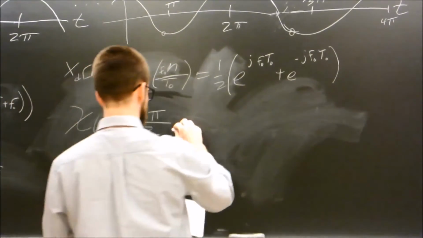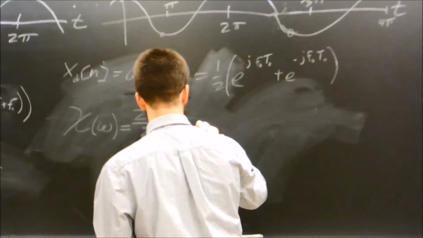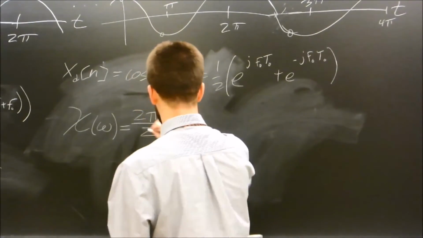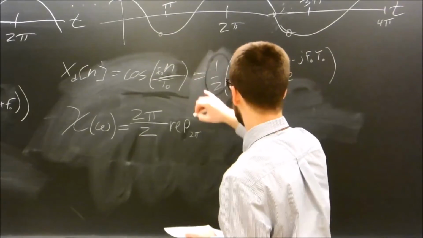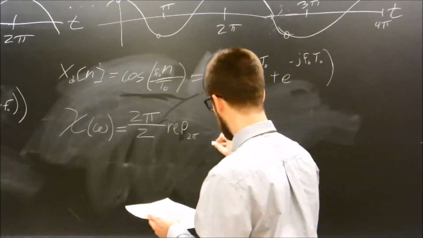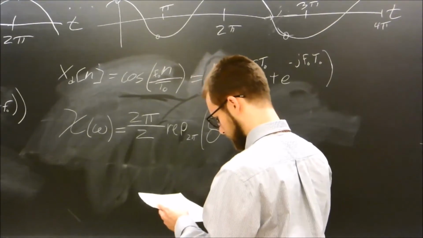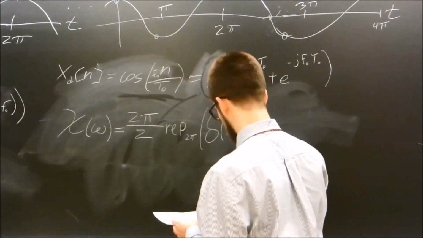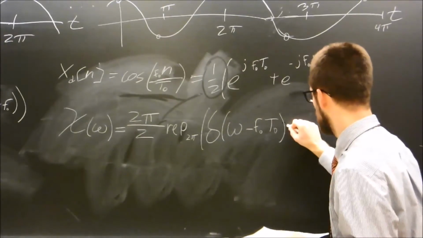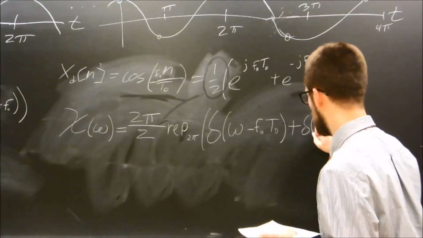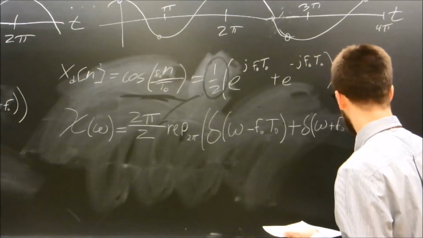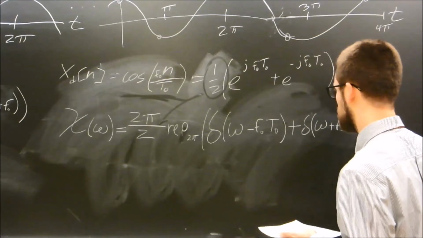And so this is going to be 2 pi, and then I take this coefficient out, so 2 pi over 2, repetition every 2 pi of delta of omega minus f naught t naught plus delta of omega plus f naught t naught.